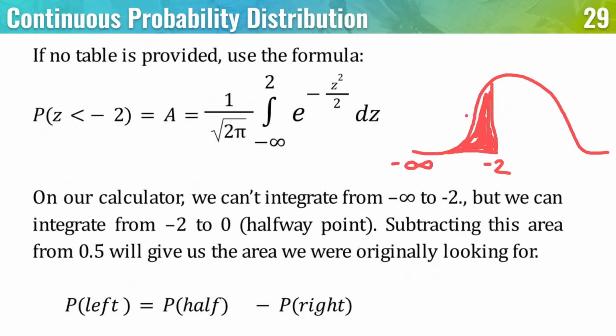However, most calculators, especially the common calculators that we college students are using, cannot integrate from negative infinity to negative 2. So a workaround is we can integrate from negative 2 to 0, which is the halfway point. A special property of the bell curve or the normal curve is that if you draw a line at exactly the middle, the area will be 0.5.